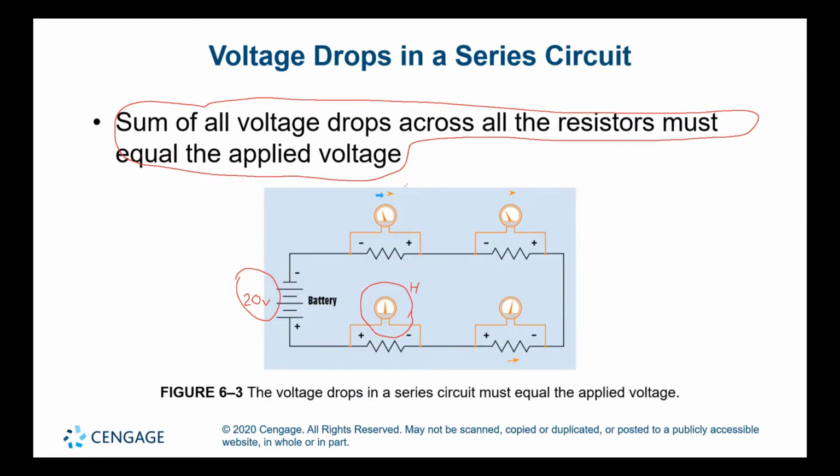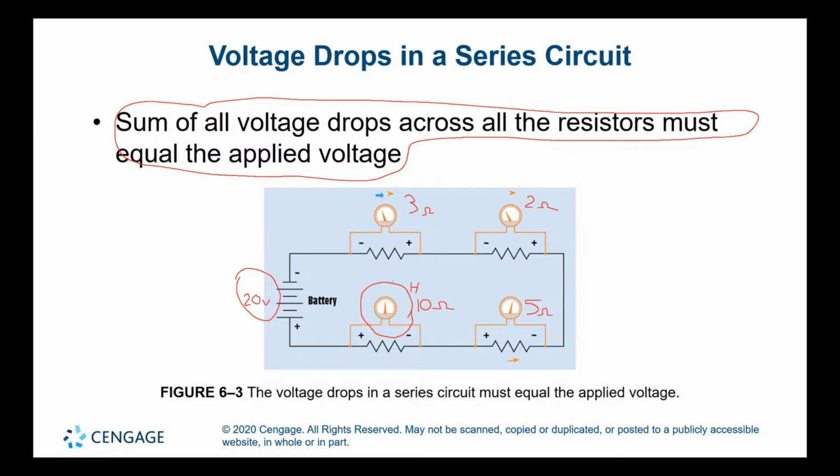I'm gonna say that this one is 3 ohms, this one here is 2 ohms, and this one here is 5 ohms. But the one that I want to say is high is 10 ohms. And I want you to look at the following.